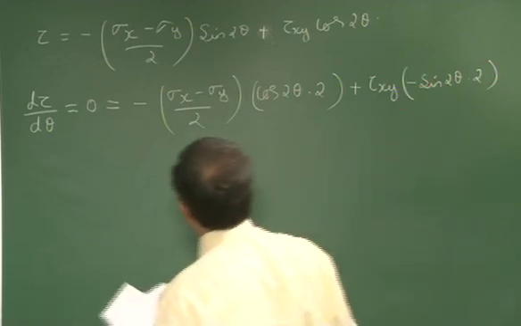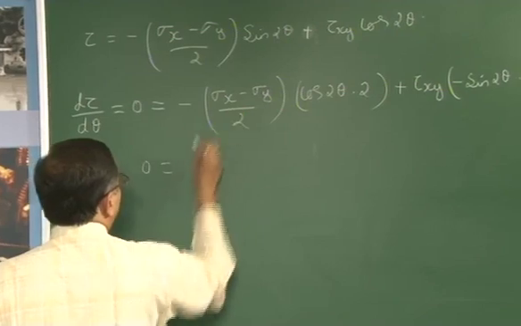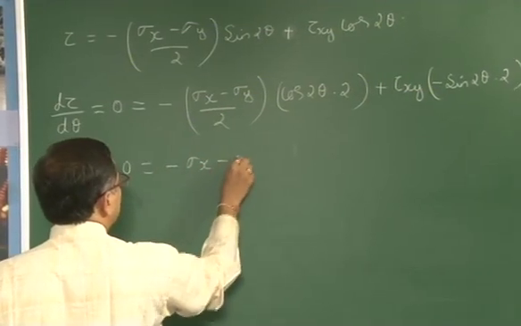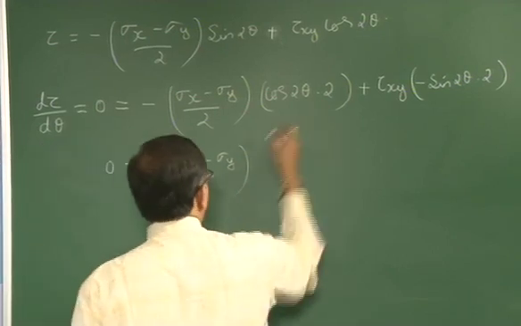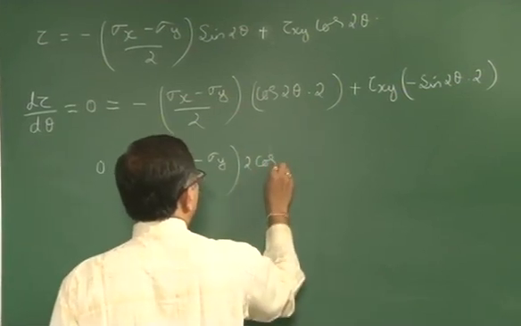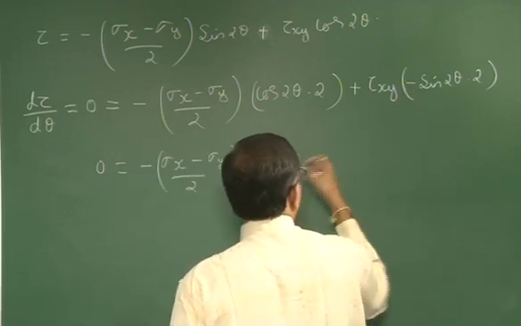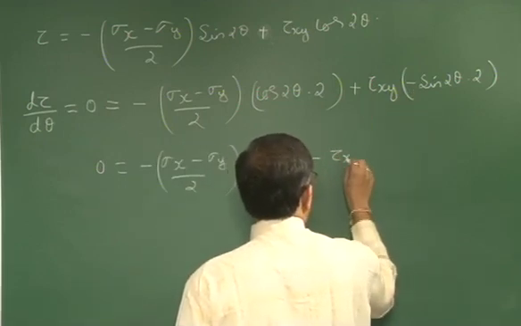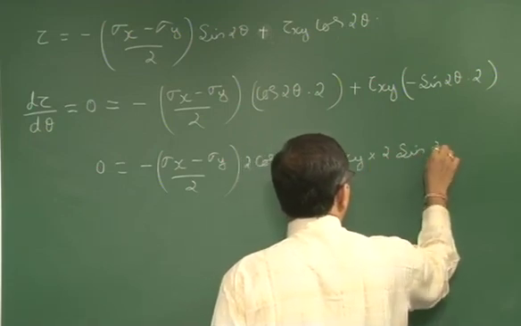This is what we get. Now this equation is again equated to 0. So 0 equals, we get this as minus (sigma x minus sigma y) by 2, and we have 2 here, so 2 cos 2 theta. Now there is a negative sign here. When I multiply with positive, it becomes minus tau xy into 2 sin 2 theta.